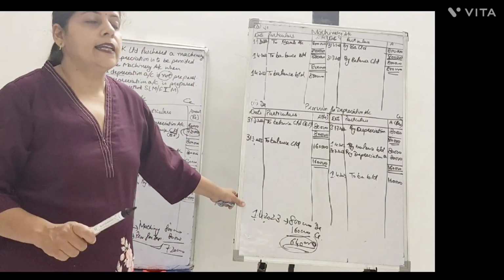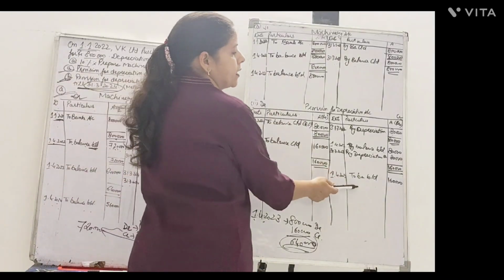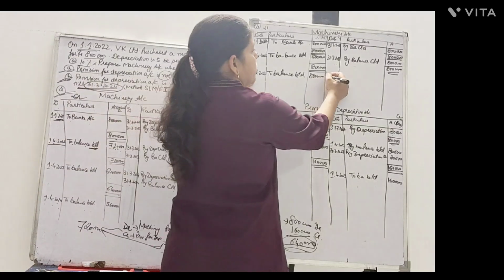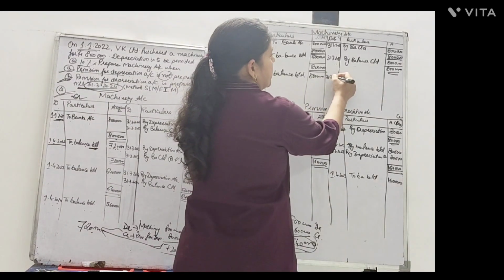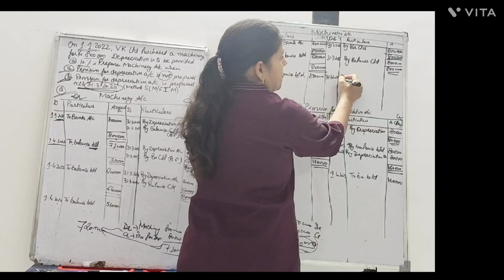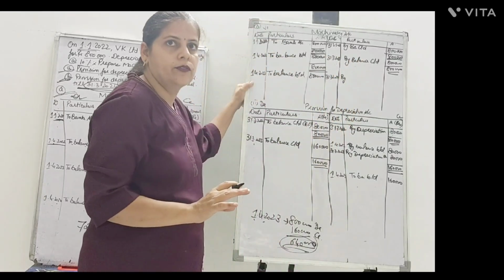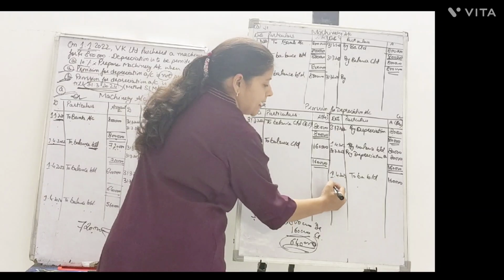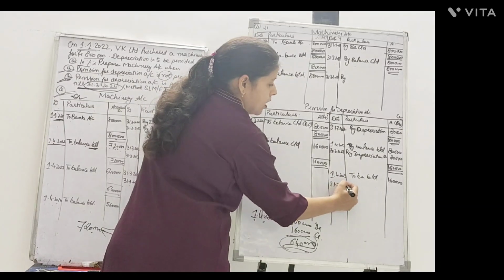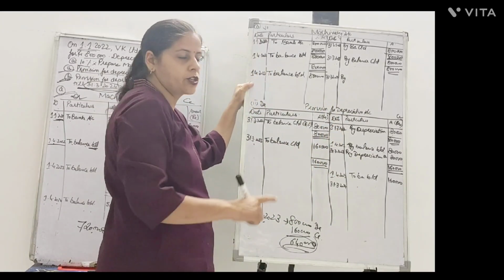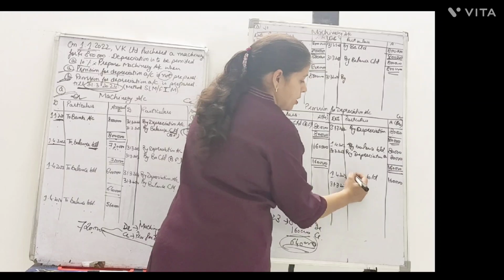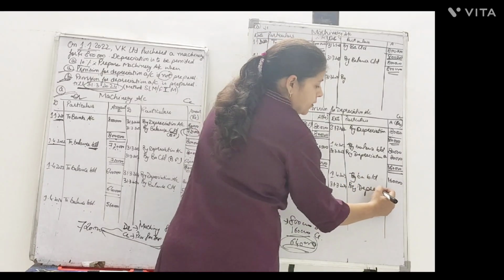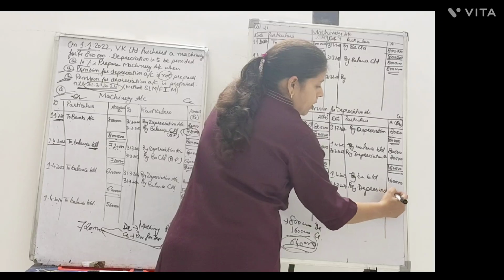But the point here is that we are preparing a separate account for depreciation. Now again, we have to charge the depreciation on 31st March 2024. By depreciation we should have written over here, we will not write there. Copy the same date into the other account, the provision for depreciation. Write your depreciation here, by depreciation account, with the value of rupees 80,000.